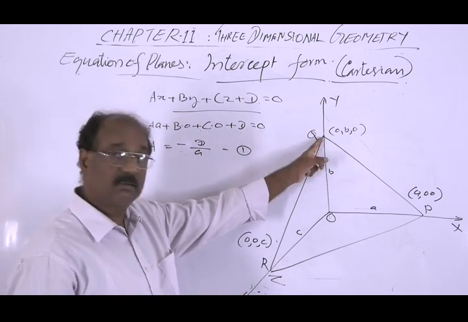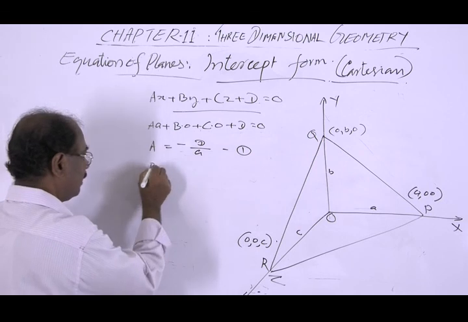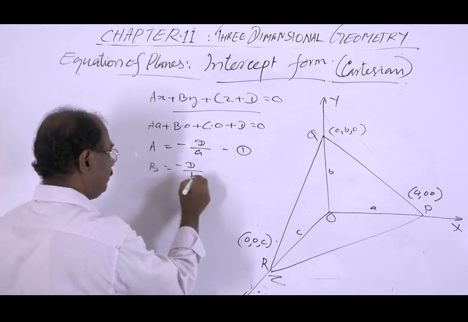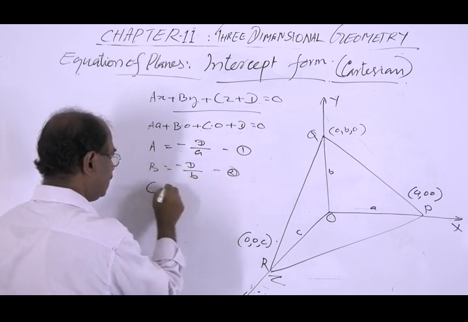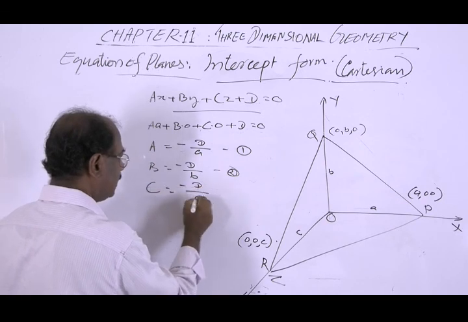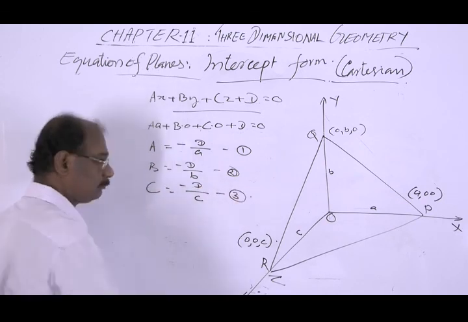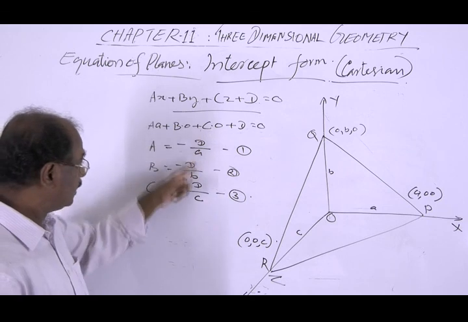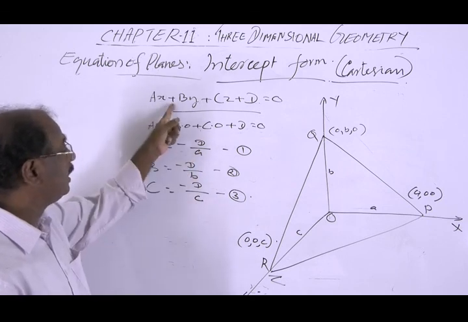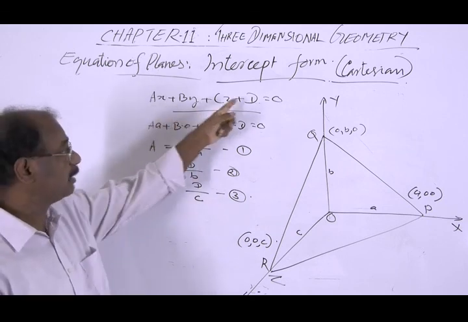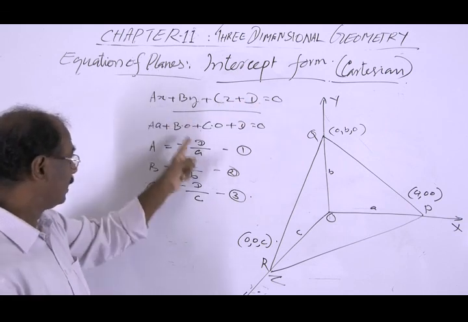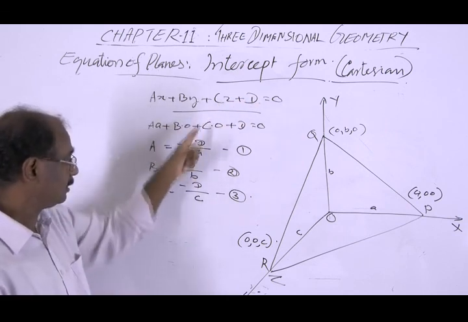Similarly, applying this, we see that capital B is equal to minus D by b, equation 2, and capital C is equal to minus D by small c, equation 3. Substitute these 3 values in the equation Ax + By + Cz + D = 0: capital A this value, capital B this value, capital C this value.